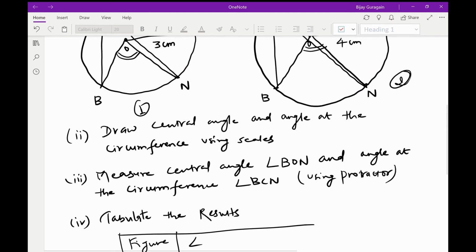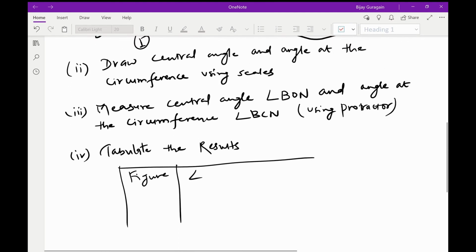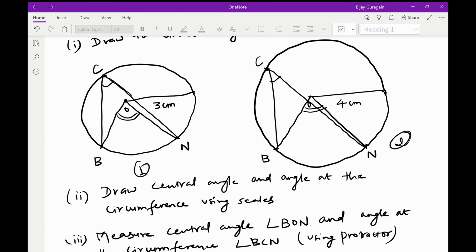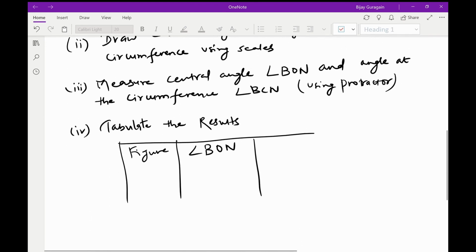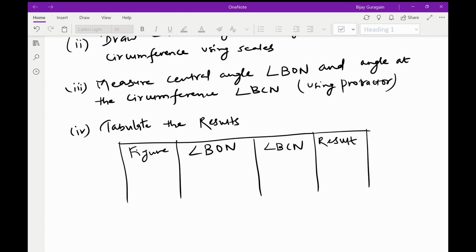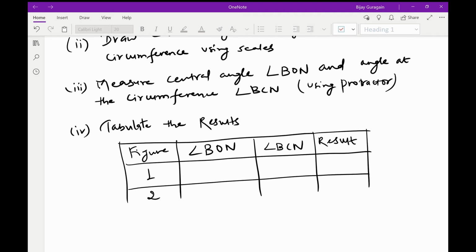Central angle is angle BON, and my angle at the circumference, that is angle BCN, and my result. So let us do figure 1 and then figure 2.